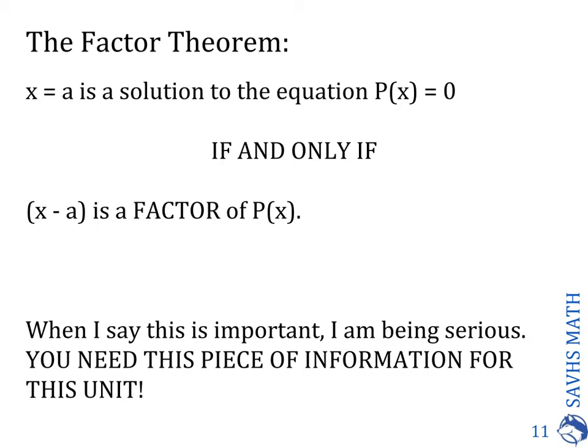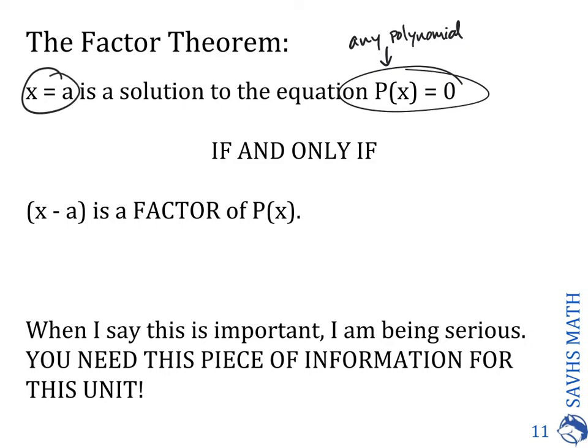So here it is. If you know that you have a polynomial equal to 0, so this is any polynomial, and you know A is a solution to that equation, what that means is P of A is 0.